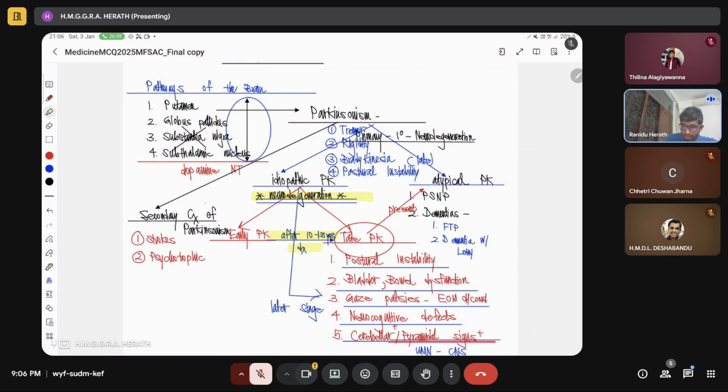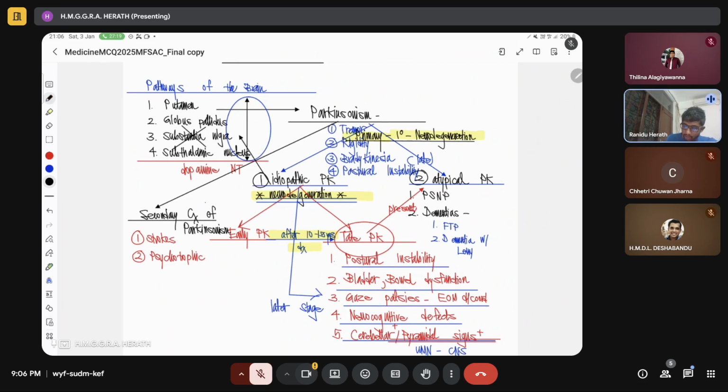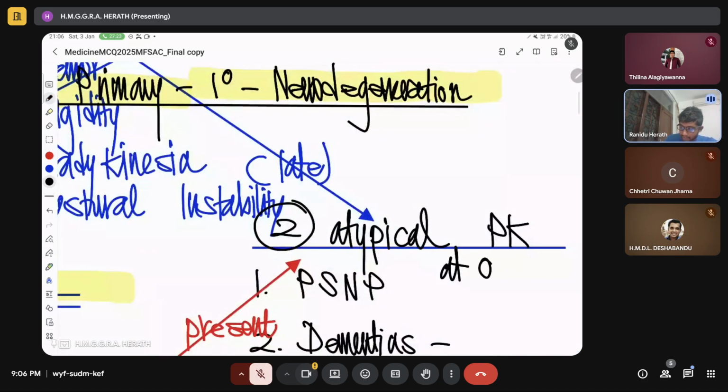Understood? So if something is there due to idiopathic nerve injury and destruction, that is called primary Parkinsonism. Out of primary Parkinsonism, there are two types: idiopathic Parkinsonism and atypical Parkinsonism. Idiopathic Parkinsonism takes place specifically at the beginning at the substantia nigra. Atypical Parkinsonism is also due to neurodegeneration, however, it takes place at places other than the substantia nigra, right?